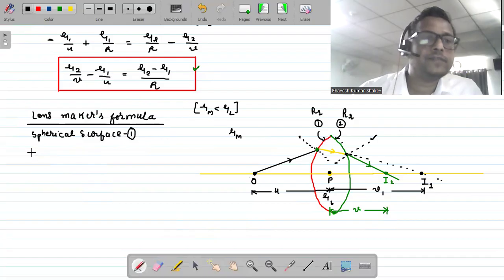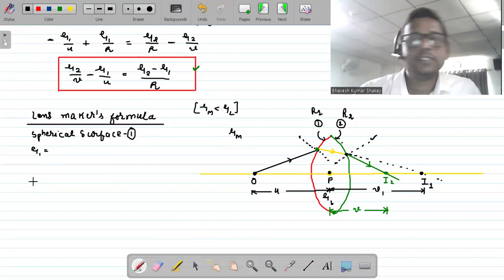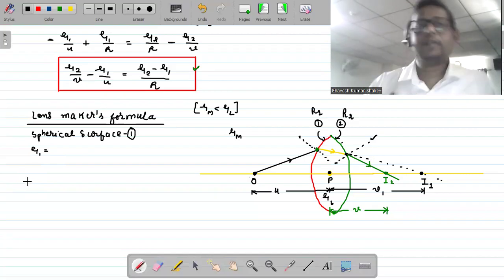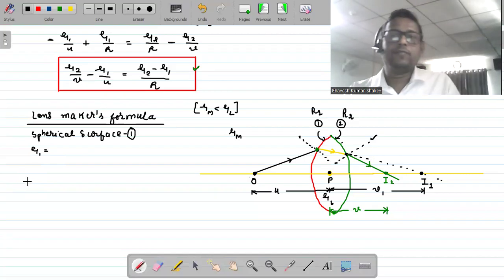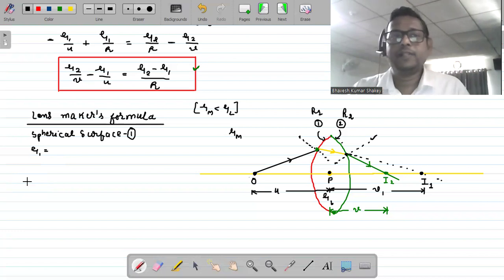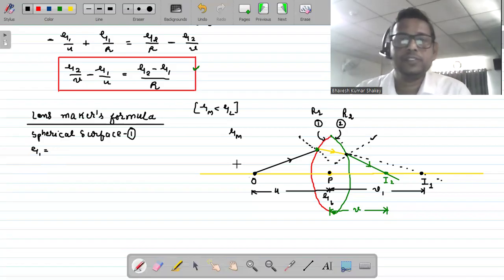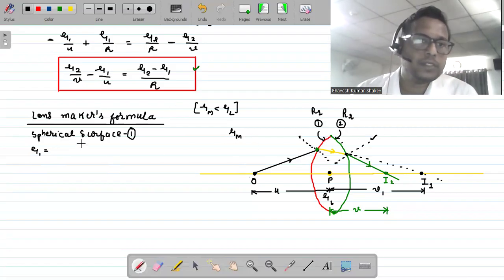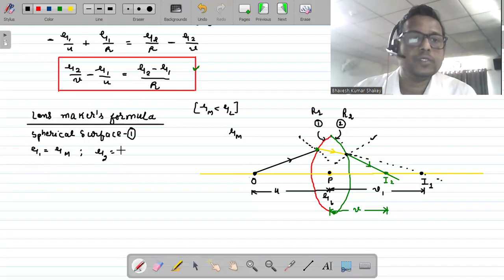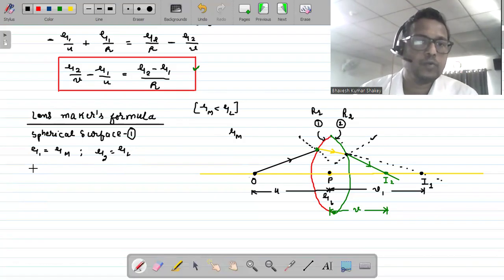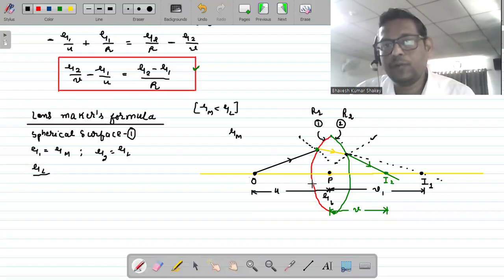So for spherical surface 1, what is mu1? I mentioned in my last lecture, when we were deriving the formula for refraction through a spherical surface, that mu1 is the refractive index where the incident ray lies. So this is the incident ray, and mu1 is equal to mu M. And mu2 is obviously mu L. So apply the formula: mu2 by v, where mu2 is mu L and v is V1, the distance of the image I1 formed by the first surface.